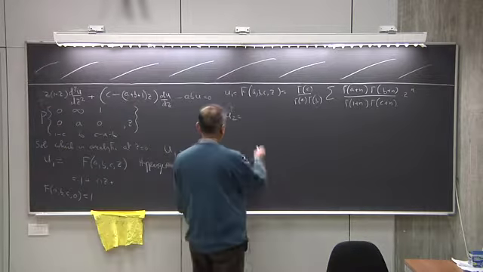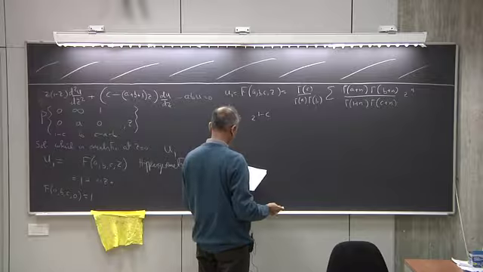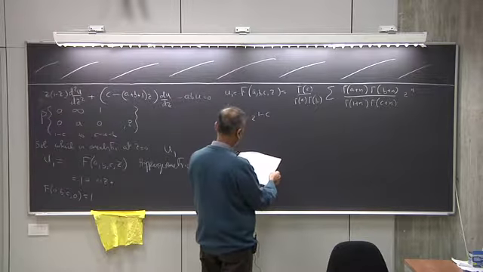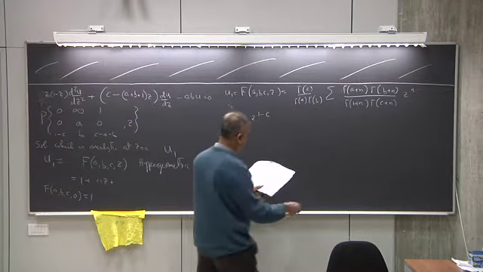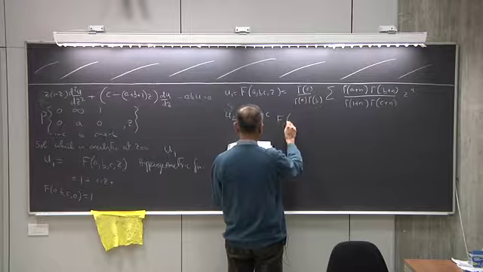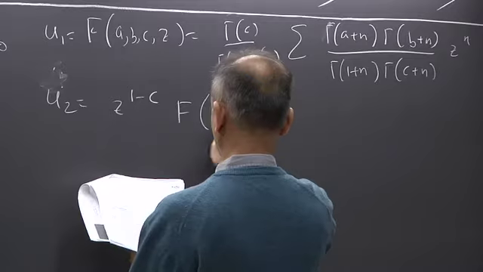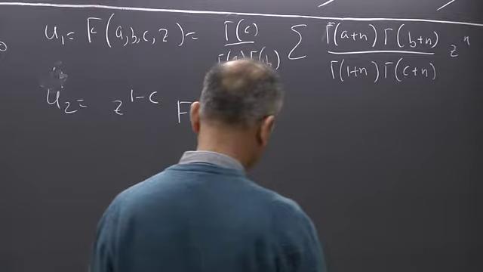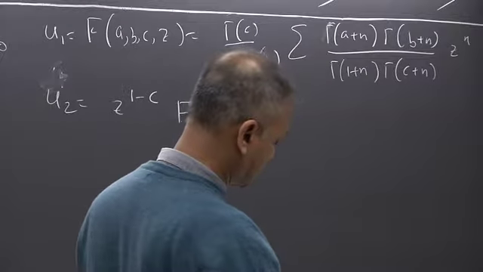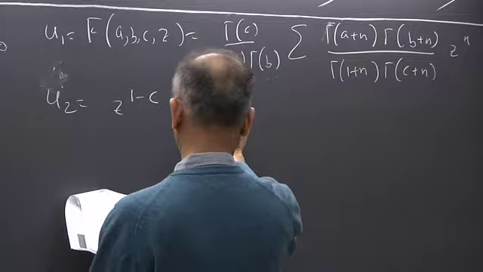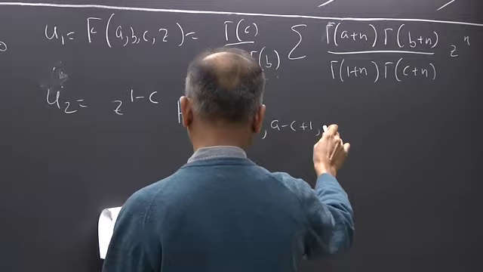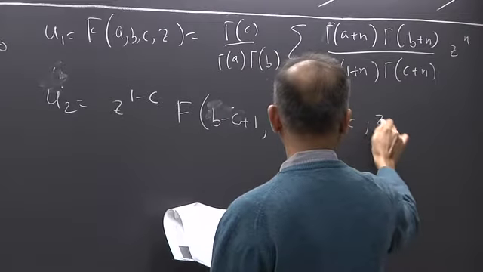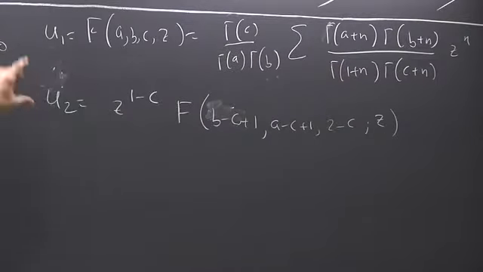I will not write down all the expressions, but it was again another hypergeometric function, F with b minus c plus 1, a minus c plus 1, and then 2 minus c, z. So these were the two linearly independent solutions.